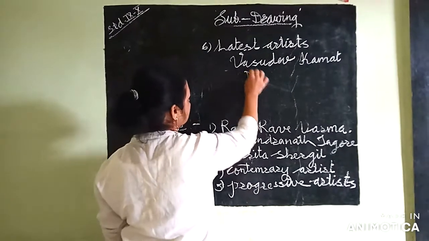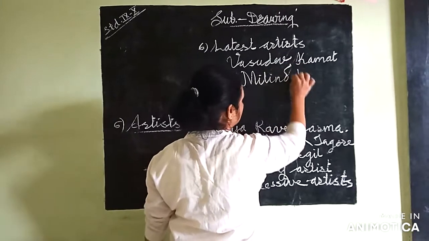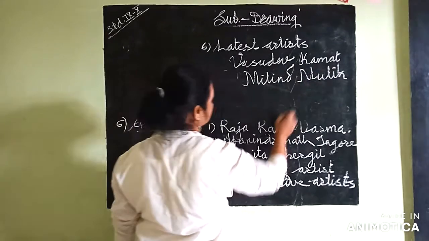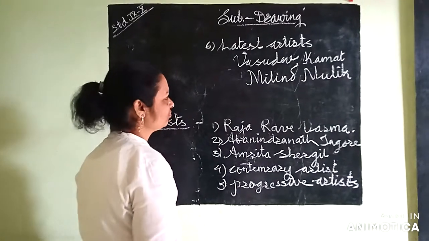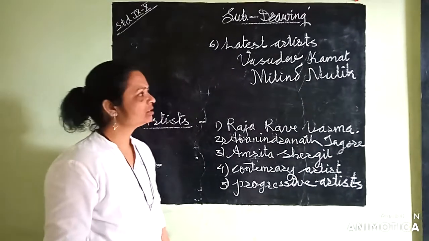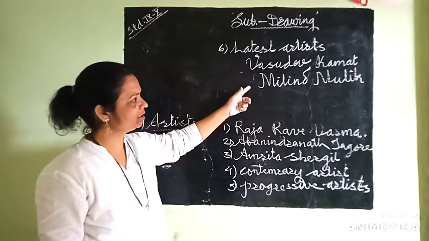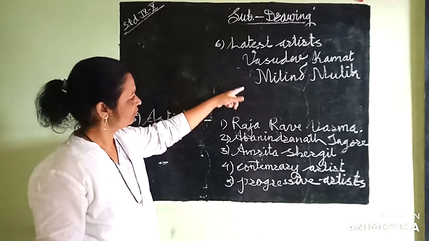Milind Mulick. Then John Fernandes. So find John Fernandes on the internet, and you will get very nice pictures of ladies, figures.